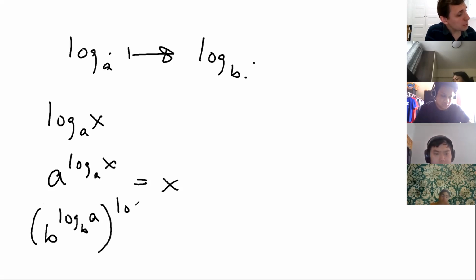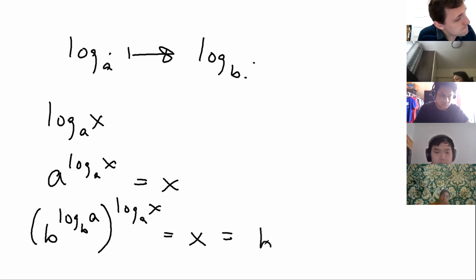And then this to the power of log base a of x is equal to x. And what is x? x is also the same thing as b to the power of log base b of x. Yes?